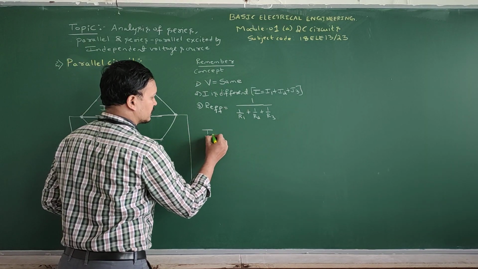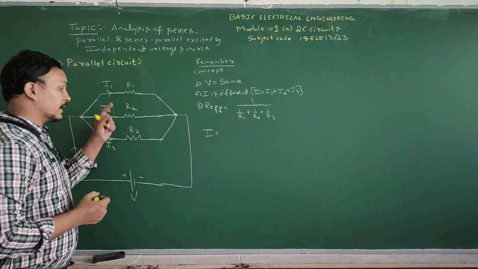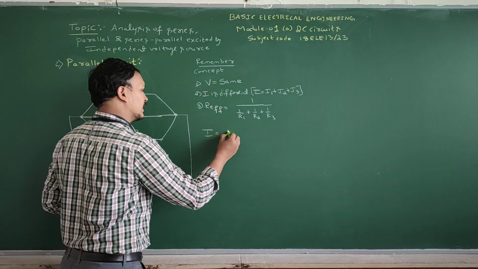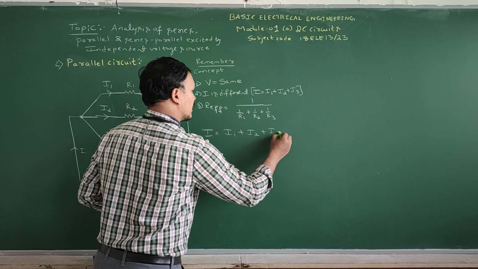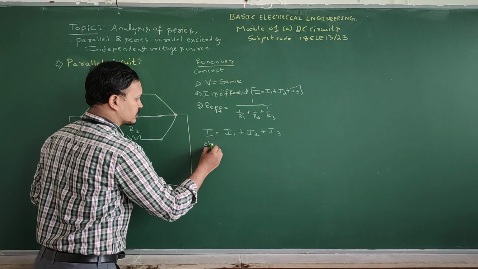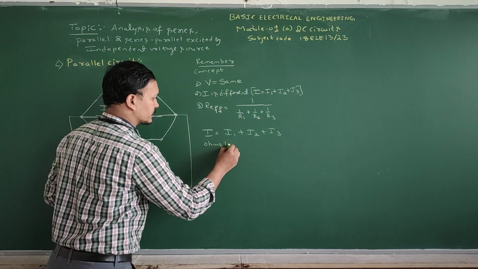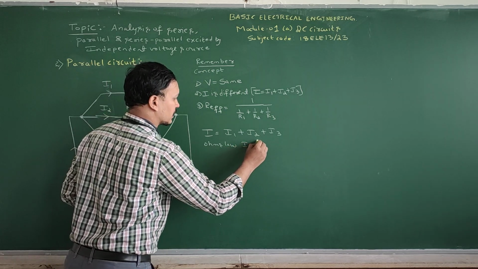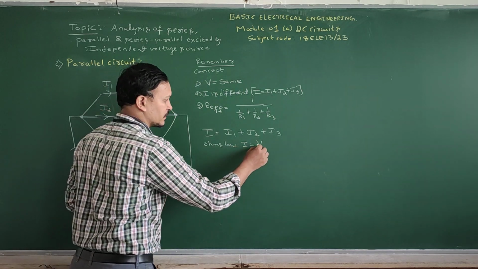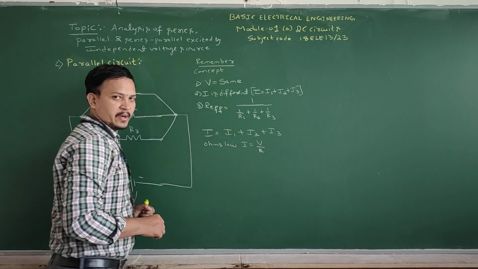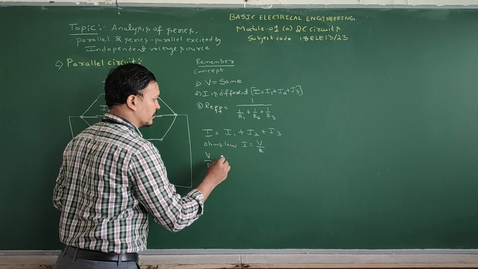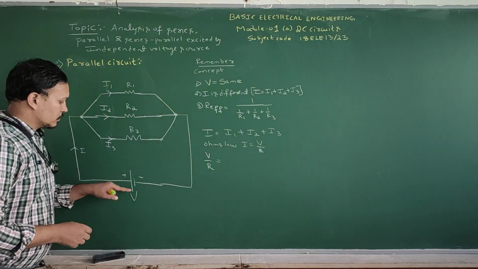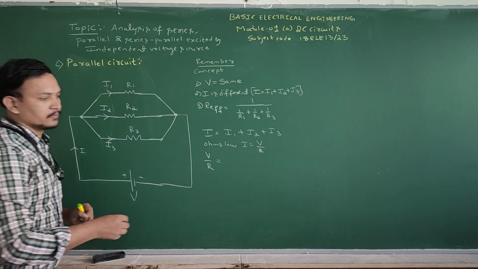Now what is the different thing in a parallel circuit? Currents are different. So we can write I is equal to I1 plus I2 plus I3. According to Ohm's law, what is the equation for current? We know this very well. I is equal to V by R. Apply this relation here. What is I1? Voltage by R1 is I1.